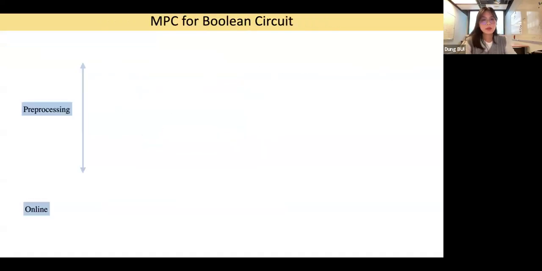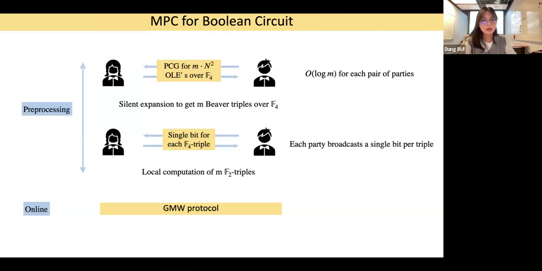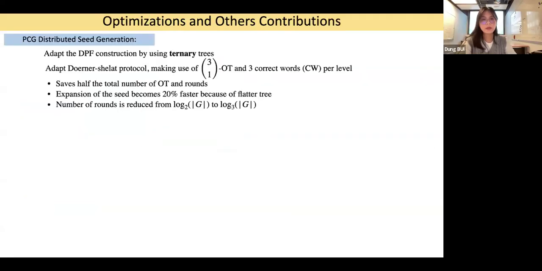So this also concludes the main framework that my group presents, but we also have some optimizations and other contributions that may be of independent interest, because it's the optimization for BCG together with distributed point functions.